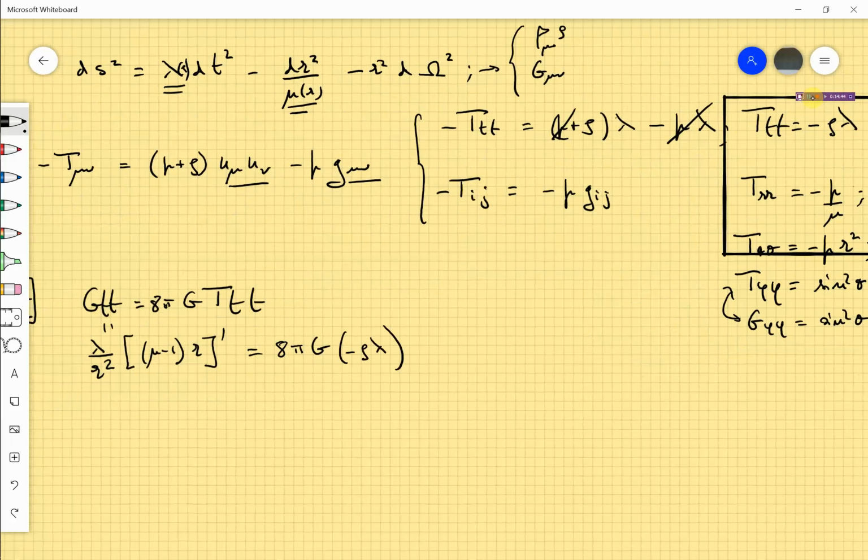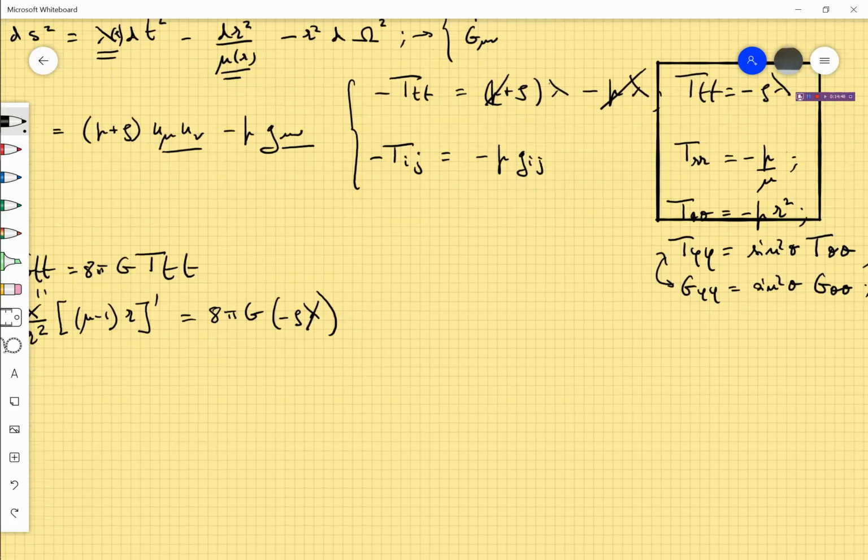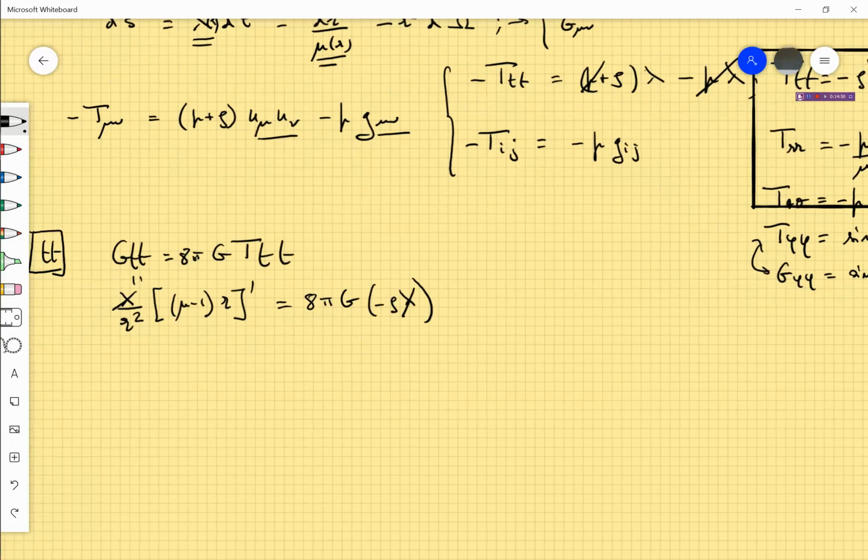This means that this lambda and this lambda go away, and we have this equation equal to minus 8 pi G rho r squared, and this can be integrated.